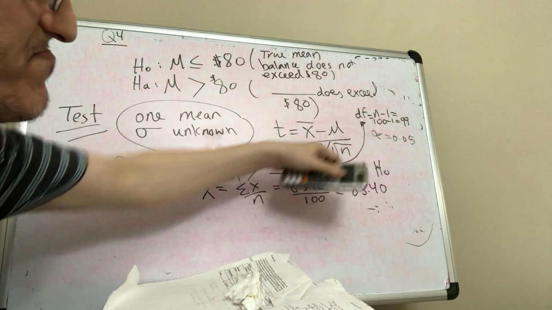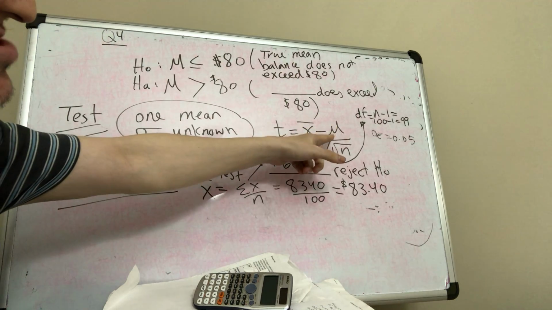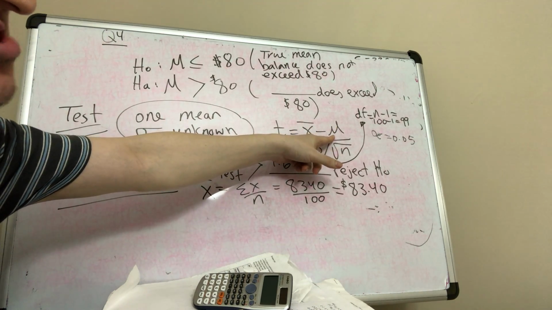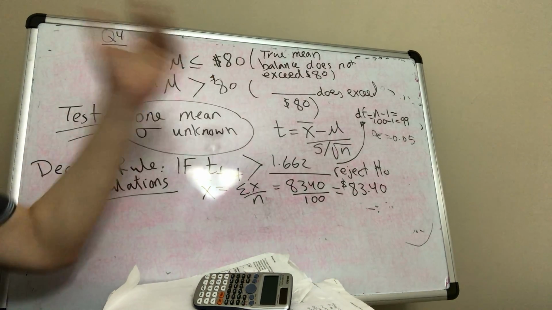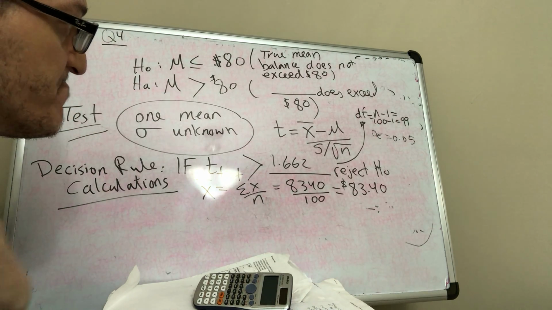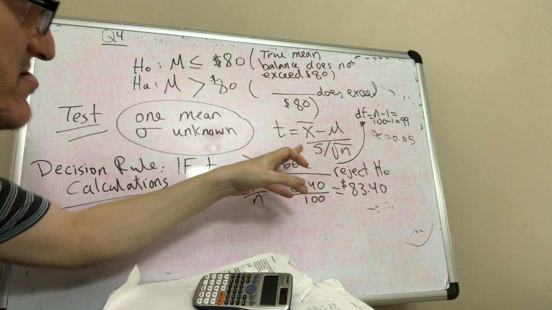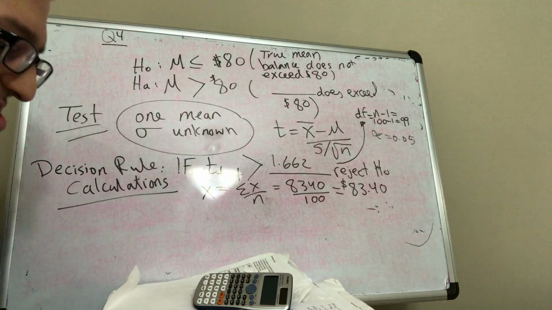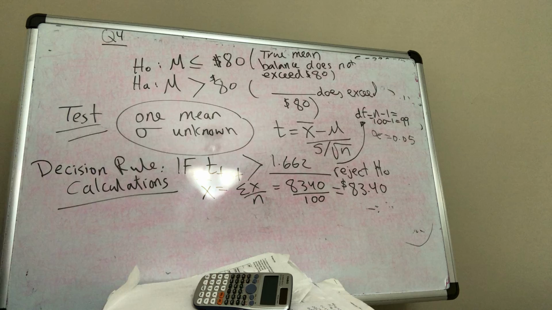We need mu, top right in the formula. Anytime you do the top right, you go back to the hypothesis, and that will tell you what the number is. It's 80 in this case. n is 100, so the only thing left is to figure out what the standard deviation is.